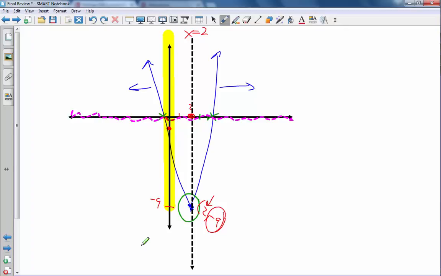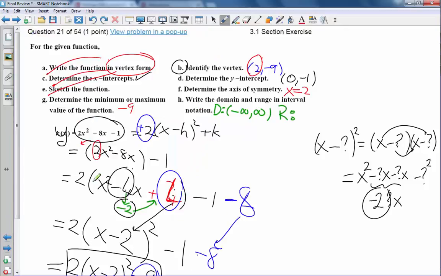You need to write this yellow line in interval notation, always reading from bottom to top. So it's negative 9 to infinity. There you go. All done. Any questions?